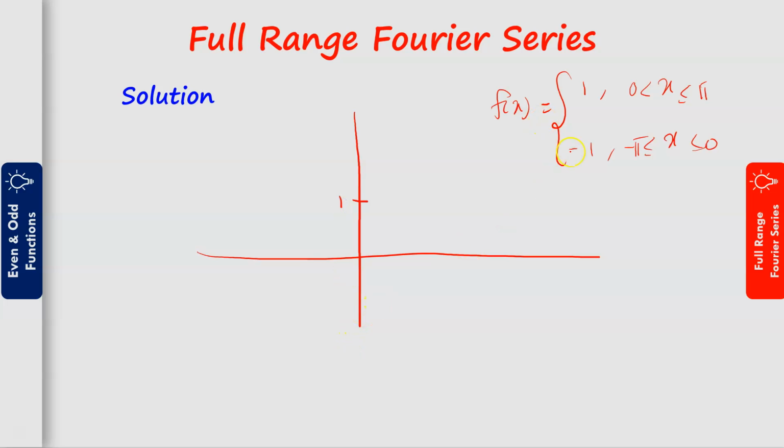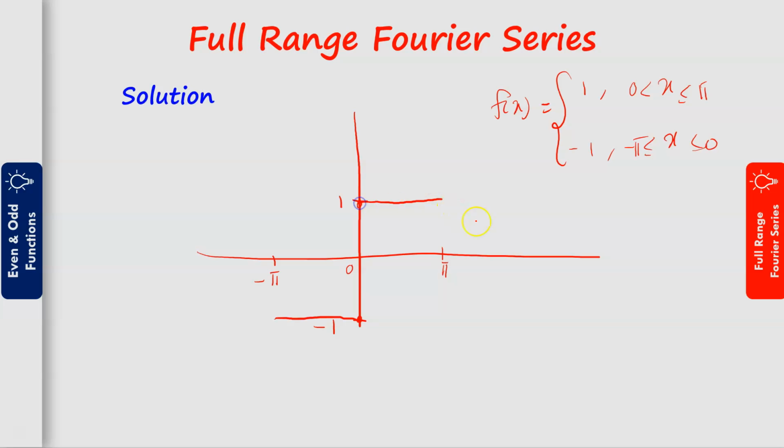And we have the function here also negative 1. When x is 0 to pi, the function is equal to 1, so you can plot the function from 0 to pi, it is 1. And then when x is between negative pi and 0, the function is equal to negative 1, which means it is somewhere here.